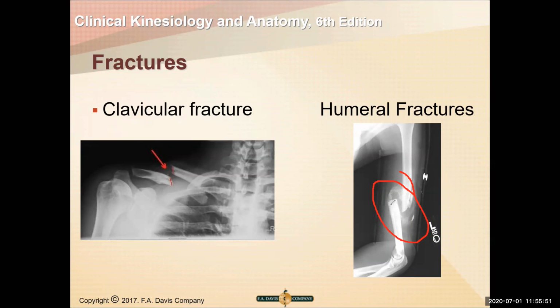So how are they going to fix that? They're going to have to pin it, good, right? But what are they going to have to do first? Has anyone ever seen them fix this? Yep. They're going to have to do traction on this.